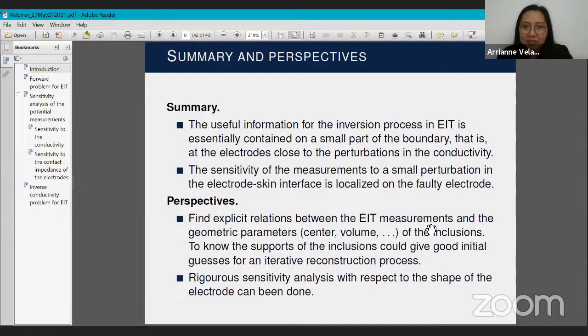Thank you, Dr. Mendoza. A question on the perspective, I think it's still on your slide. You mentioned the center, so is the position of the inclusion also part of this, whether it is far from the border or not? Do you also consider different positions? Opo. Usually the geometry we take is just an ellipse or circle. To make it a general tumor, we are thinking of using a Fourier series and estimating the Fourier coefficients. Actually, we have done it with a non-fixed geometry, but using a different algorithm for the optimization.